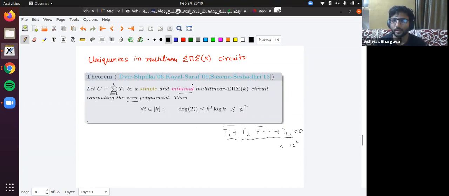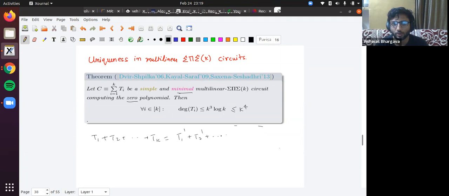Let's see how we get some kind of, quote unquote, uniqueness from these rank bounds. Suppose I give you two representations of a depth 3 circuit. I give you T1 plus T2 dot dot Tk, and this is also another way to write the polynomial, T1 prime plus T2 prime dot dot Tk prime. So I can just look at it as an identity.